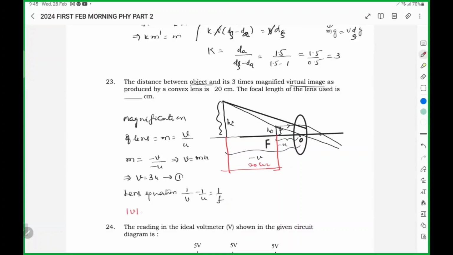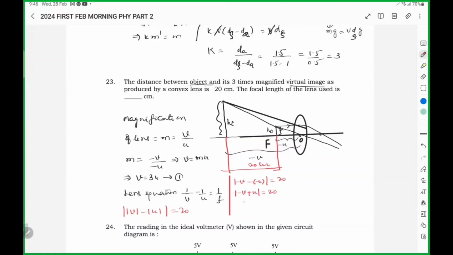That is mod V minus mod U, which is 20 centimeters. V is negative, so we write minus V. U is also negative, so mod U will be minus U. That is here minus V plus U is 20.